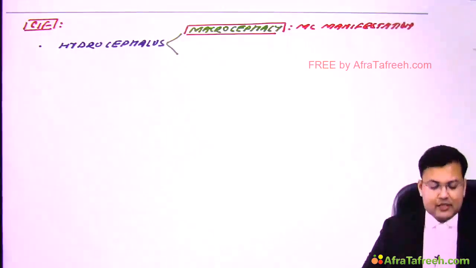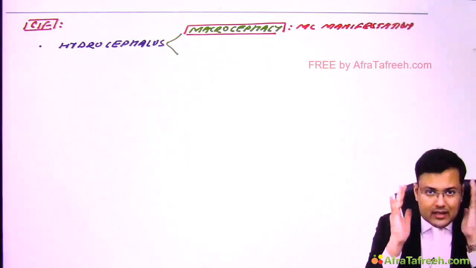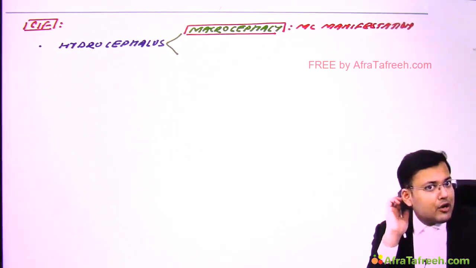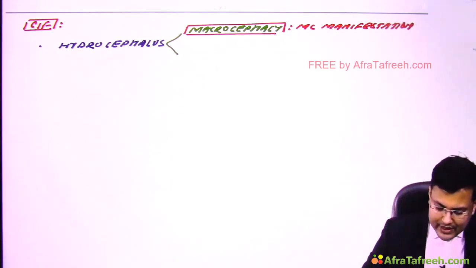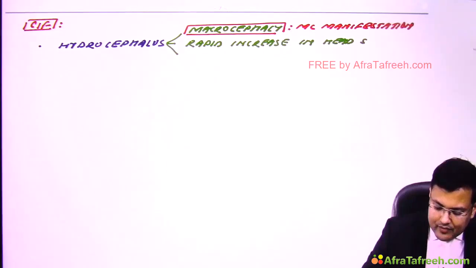Because of hydrocephalus, what happens? There is rapid increase in the head size and there is prominent occiput. So second problem, rapid increase in head size. Clear? And these patients have prominent occiput.